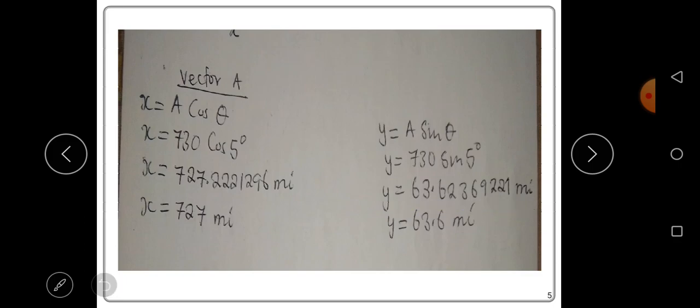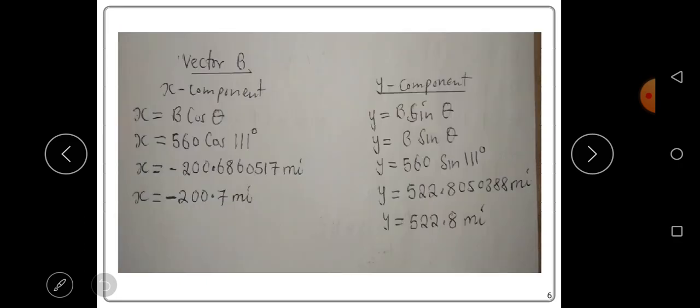This can be written to three significant figures as 63.6 miles. In physics, you are always advised to write your answers in significant figures, usually three significant figures. So that's the y component of vector A. So let's also resolve vector B into its components.